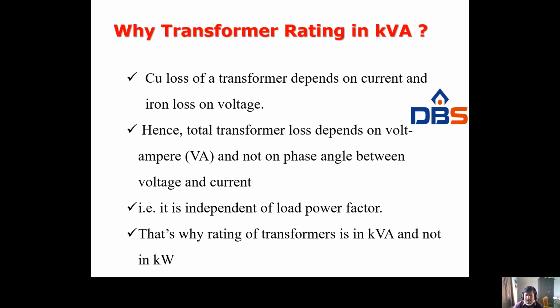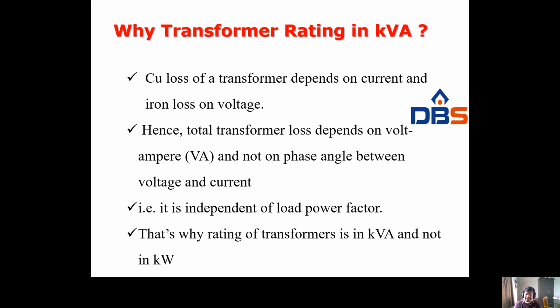But coming to the transformer, the transformer rating is always expressed in kVA but not in kilowatt. Why? Because copper losses depend upon the load current, and iron losses depend upon the voltage. So both losses, that means total losses, depend on the product of voltage and current, that is VA, volt ampere, but not the phase angle.